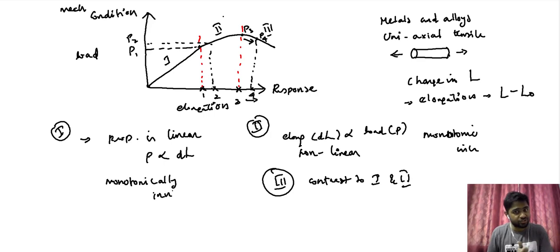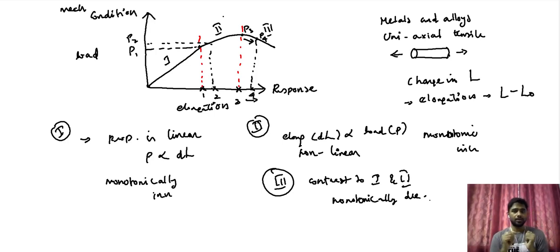And finally in section 3, when you want to continually increase the response or the elongation, the load in this case monotonically decreases. So this distinction is purely based on how we perceive this particular curve here. We have not so far gone into the material aspect of this curve. We have just looked at the trend of this curve alone, and based on this we have sectioned it into 3.